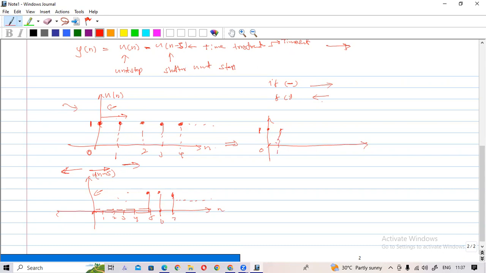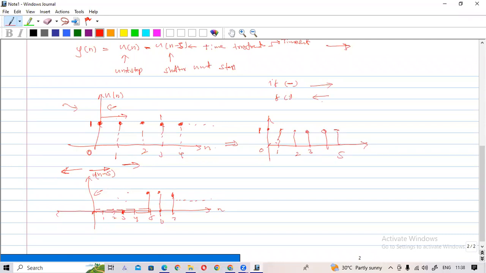Here again, this one 0, so 1 minus 0, again this one will be 1. At the third sample, the value is 1. Here, the third sample value is 0. So you reduce the 1 by 0, again you have 1. And the fourth also will be 1, and the fifth also will be 1.